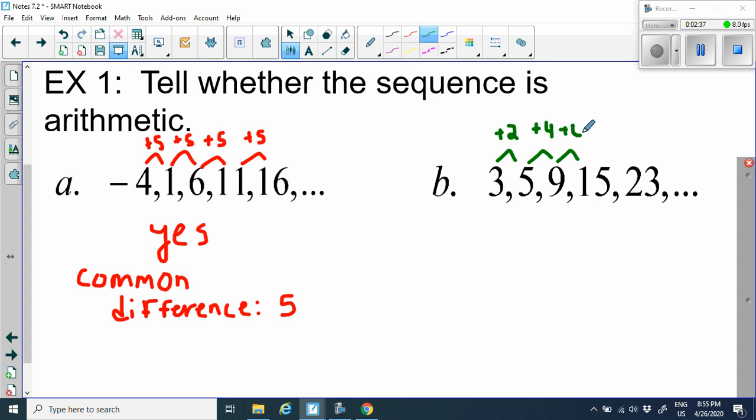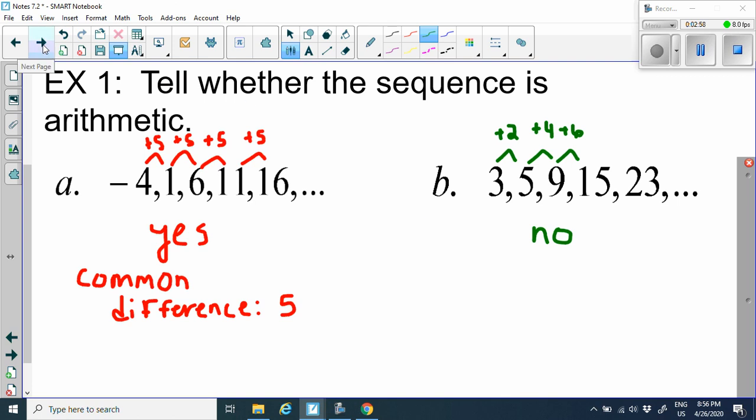And I really don't have to do the next one because notice here that when I add a value, it is not constant. So when I go from one term to the next and it's not constant, that means this is not an arithmetic sequence. So I just put no. That's my final answer here.